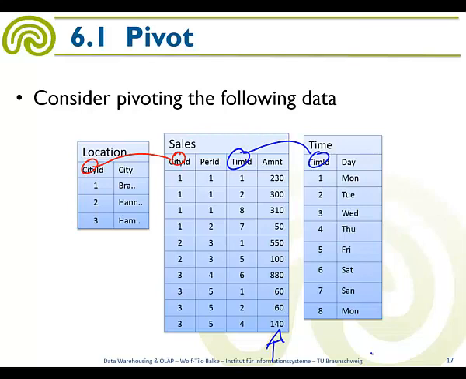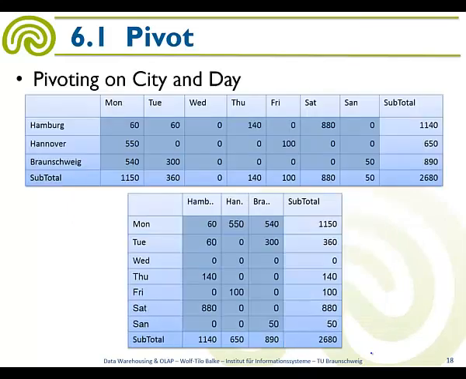Then you can show the amount by time and location. You might just take a slice, pivoting on city and day, for example. So you bring it down to city and day.